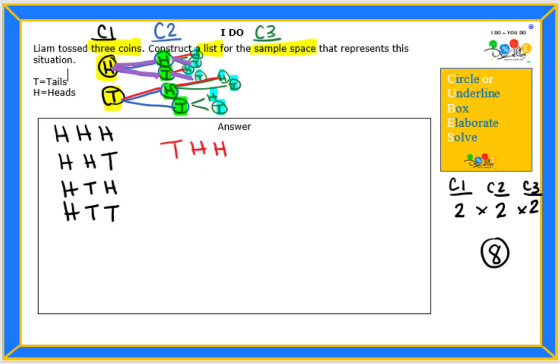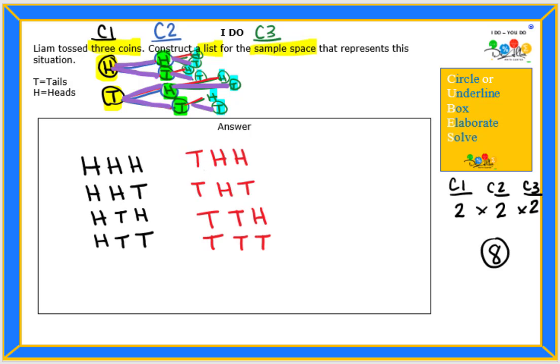And then from that same tails to heads, but now to tails. So tails, heads, tails. And then the last one, we're going from tails to tails, and then heads. So that's tails, tails, heads, and our final one from tails to tails, but then again to tails. So that last one is tails, tails, tails.